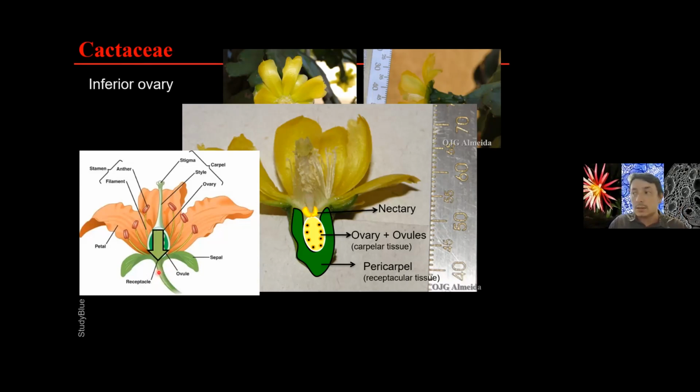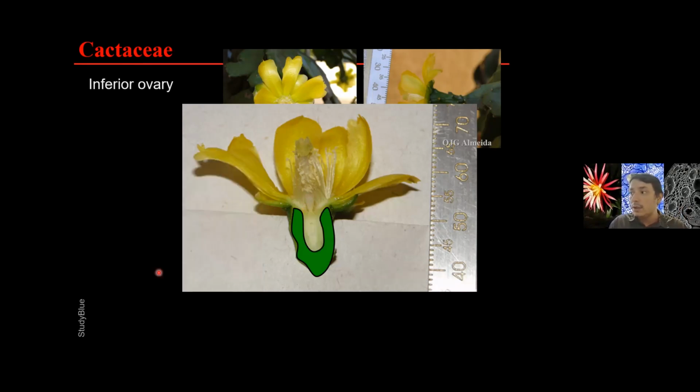So, let me go back here. If you look at the bottom of the flower in cactus species, we will not find a peduncle or a receptacle as in the other flowers that have a superior ovary. And that makes the structure of the flower a little bit hard to understand sometimes.